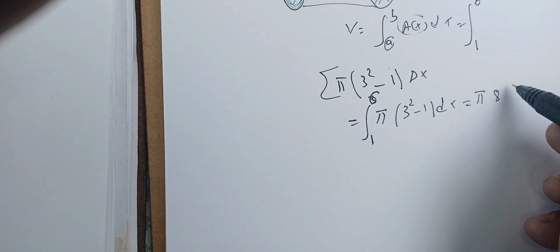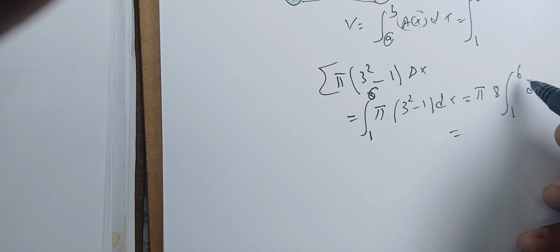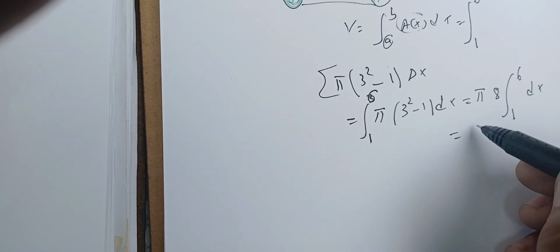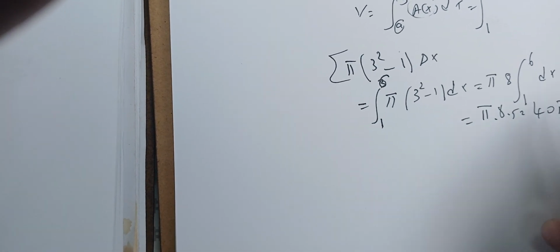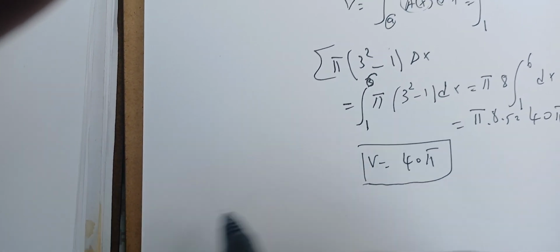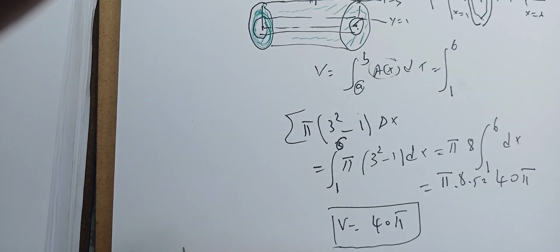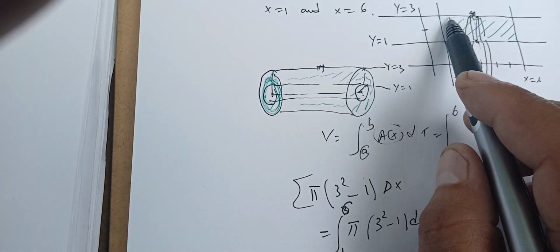So it's 8 times the integral of dx between 1 and 6, which is 5. So we have pi times 8 times 5, which is 40 pi. Our volume in this case is 40 pi. We get these constants because these functions are constant.